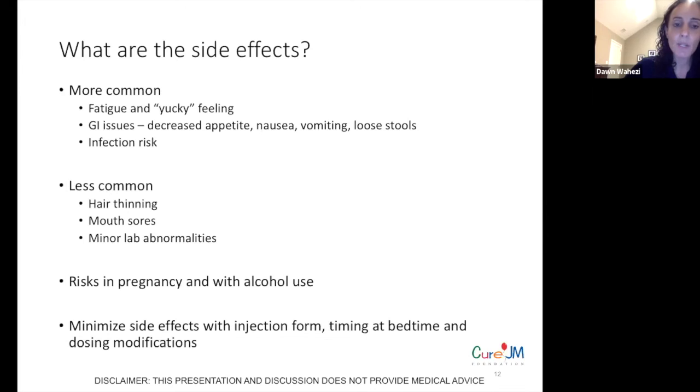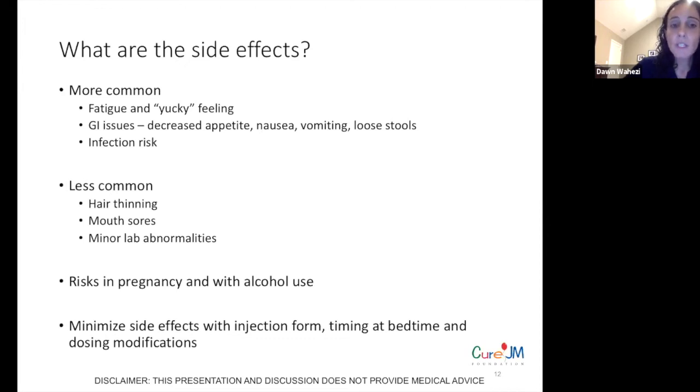It's nothing like that, but it might cause a little bit of hair thinning. Some patients might experience mouth sores, and there might be some lab abnormalities, particularly with the liver and the white blood cell counts. But there are ways to modify the dose or manage those things.